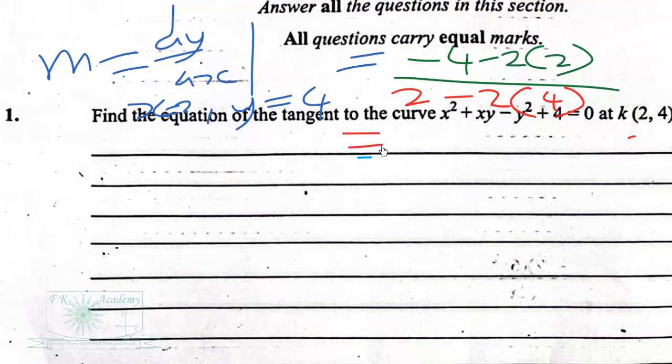So let's simplify this. We obtain negative 8 over negative 6, which will be equal to 4 over 3.